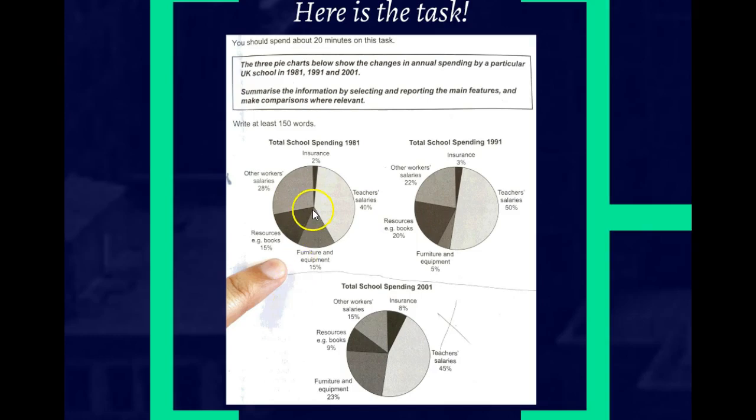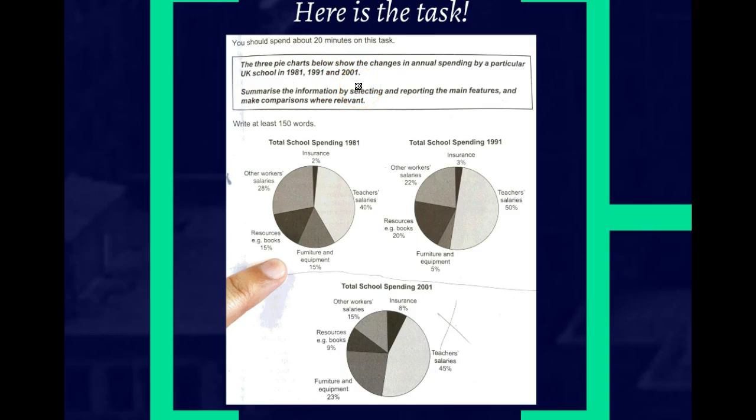There are 3 pie charts here, and they show the changes in annual spending by a particular school. Where is the school? In the United Kingdom. It's not a line graph, so you have to talk about 3 separate years: 1981, 1991 and 2001.